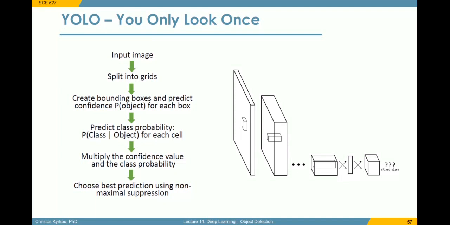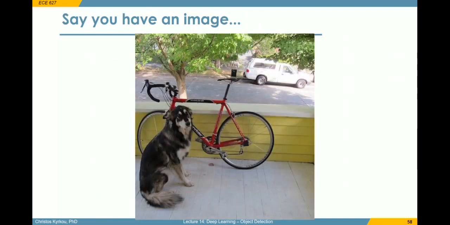They predict an objectness score similarly to how the region proposal networks worked, and they multiply that with the classification score to determine if an object exists or not. This is the overview of their approach. So let's go now and see these steps in a bit more detail.